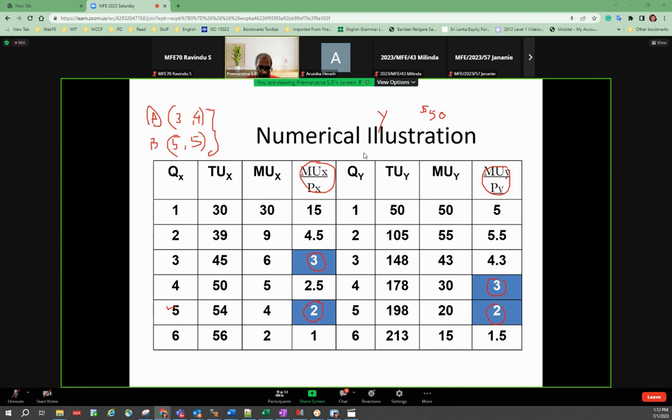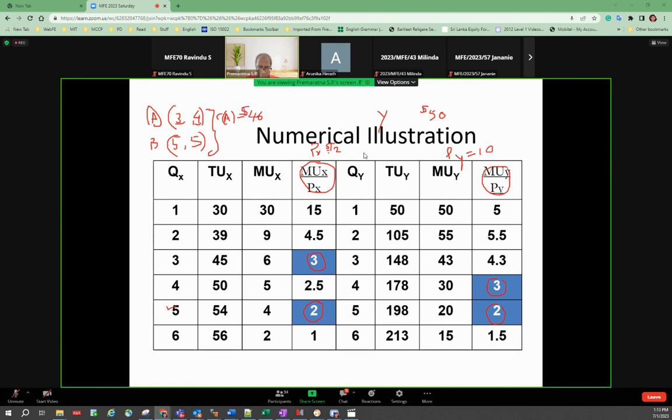For example, the first basket: the price of X is $2 and the price of Y is $10. With that, to buy basket A you need $46.